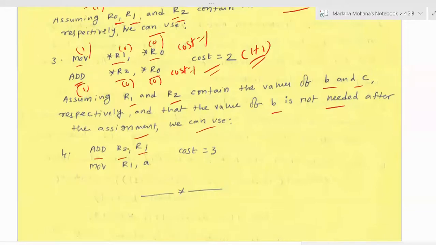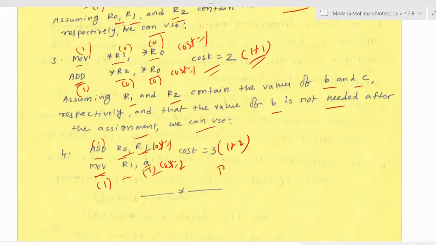Add R2, R1, then move R1, A. Here the first line cost is only 1. Registers are there, so they won't take any cost. Then for the second line, move costs 1 word. Then the memory location for A, 1 cost. For the register it won't take any cost. Therefore cost equals 2 here. Therefore total cost equals 1 plus 2. So this is the total cost of the program.